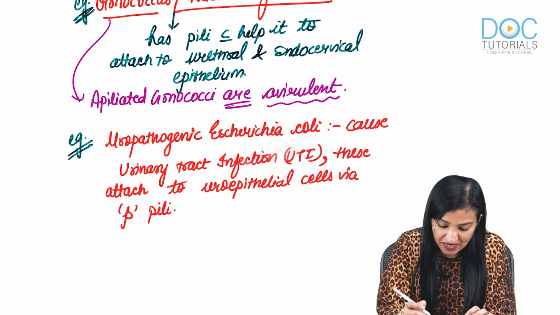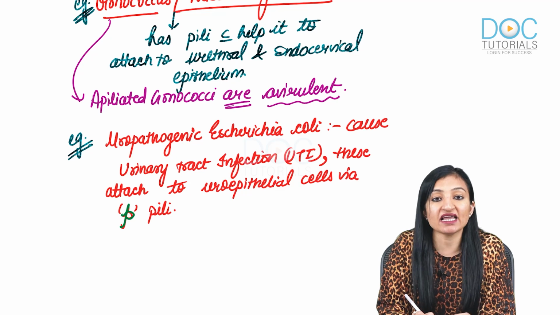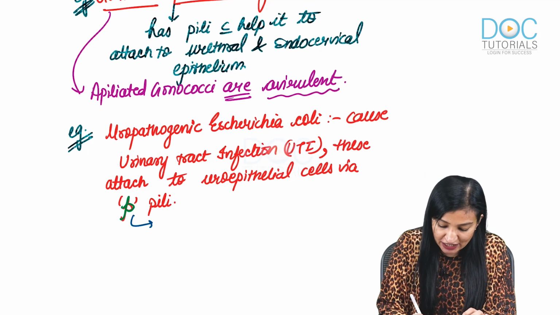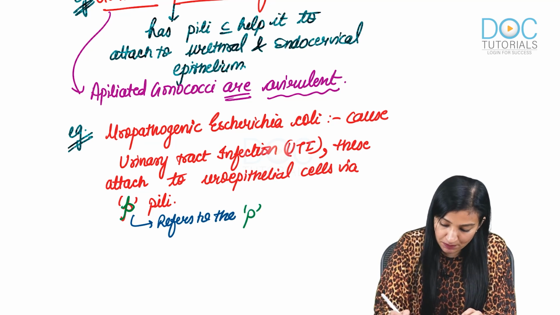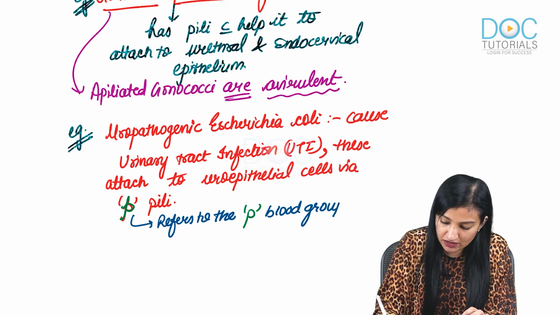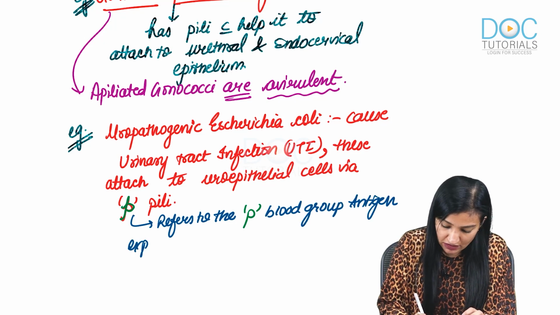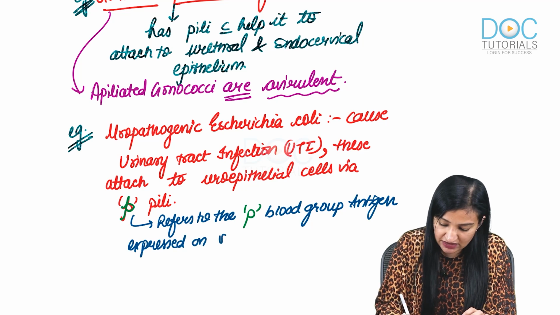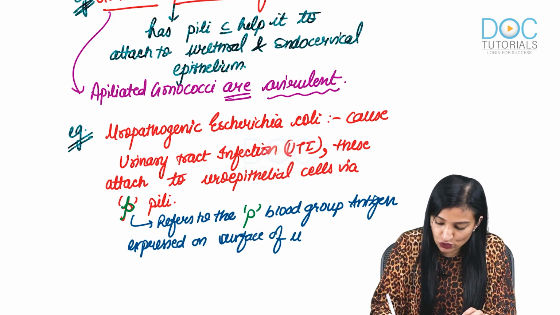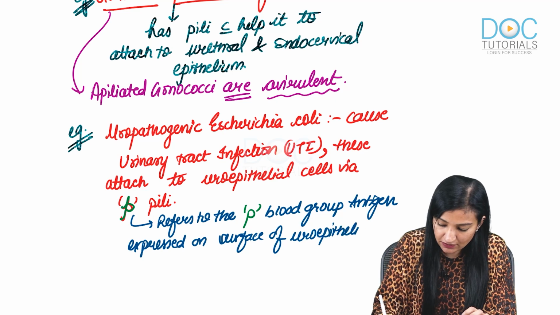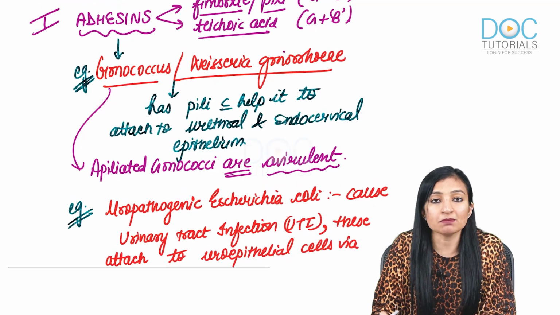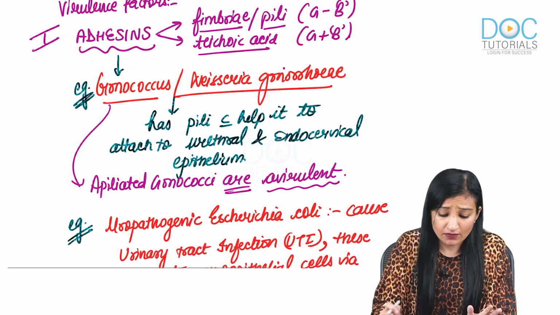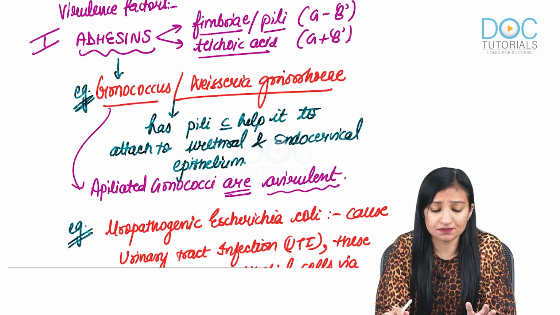Now, what does P in the phrase P pili mean? This P actually refers to the P blood group antigen, which is expressed on the surface of uroepithelial cells. Okay, uroepithelial cells. So these are two important examples I have given you as far as adhesins are concerned.